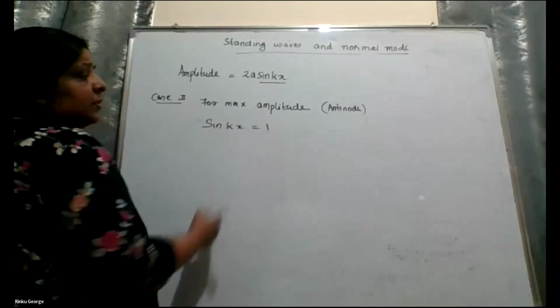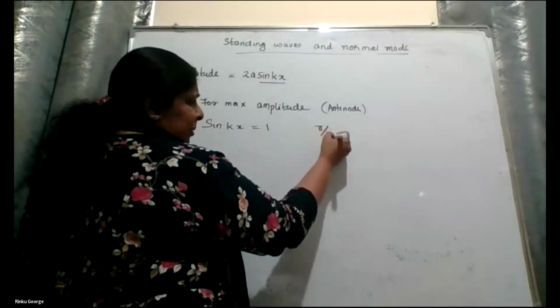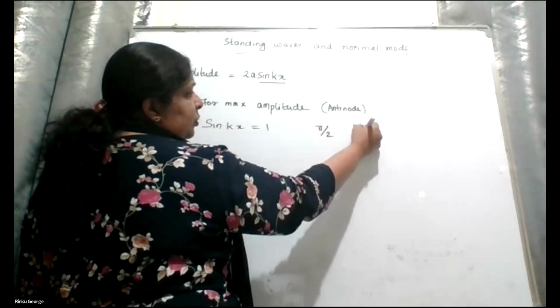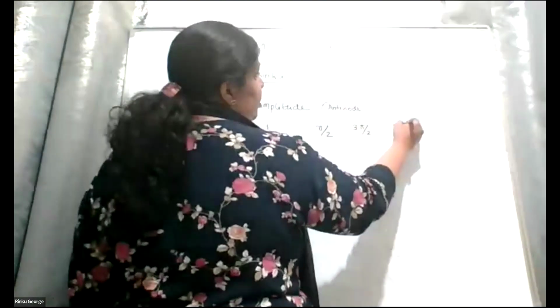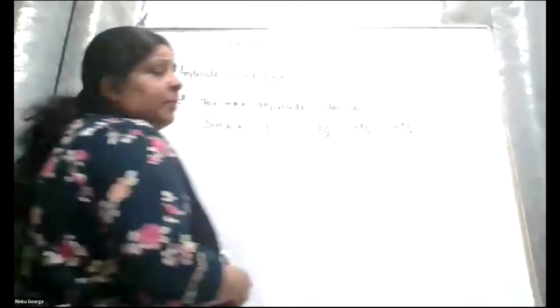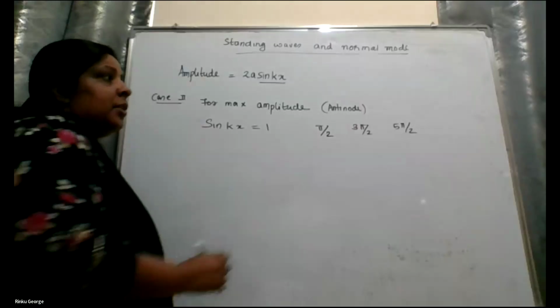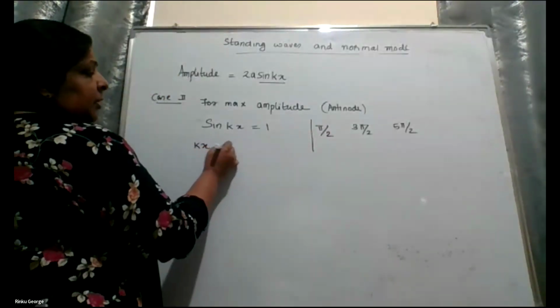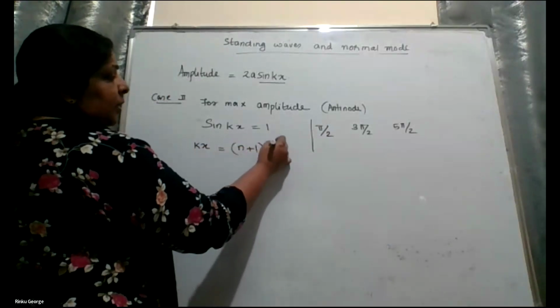For which values will sine be 1? Pi by 2, 3 pi by 2, 5 pi by 2. So at all odd multiples of pi by 2, you will get sine as 1. For getting odd multiples, kx will be equal to 2n plus 1 into pi by 2.